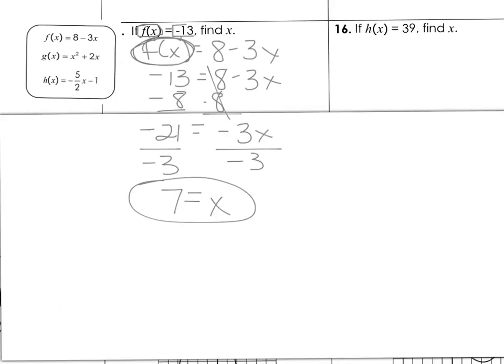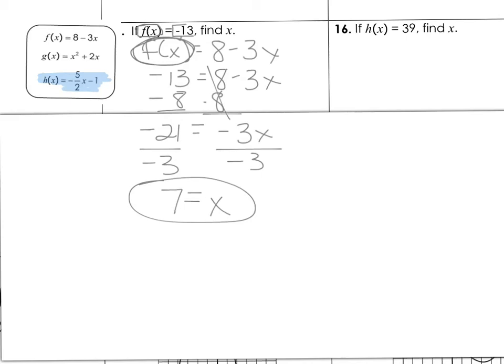Okay, so 16 says if h of x equals 39, find x. So it is very similar to question number 15, where the 39 is not where the x is, but the entire h of x equals 39. It means we're going to be using the h of x equation on the left, which we have not used yet.